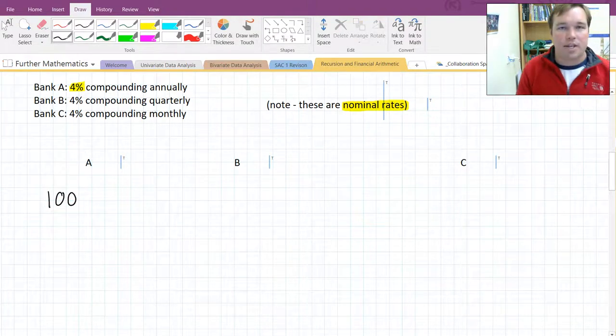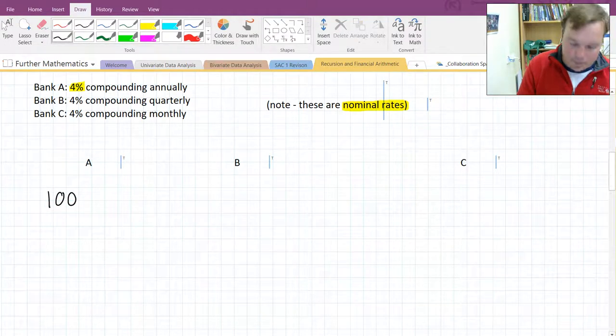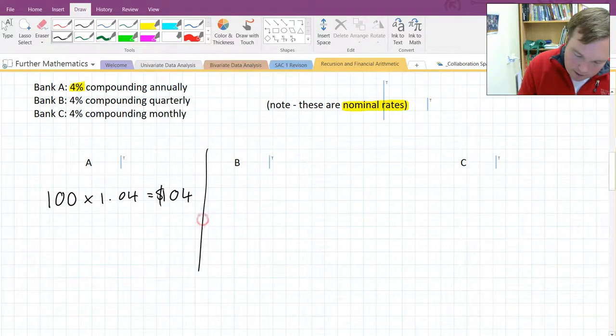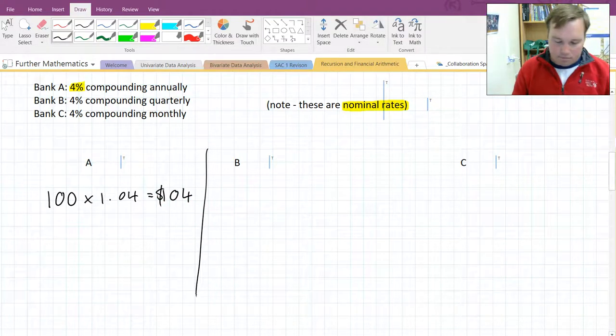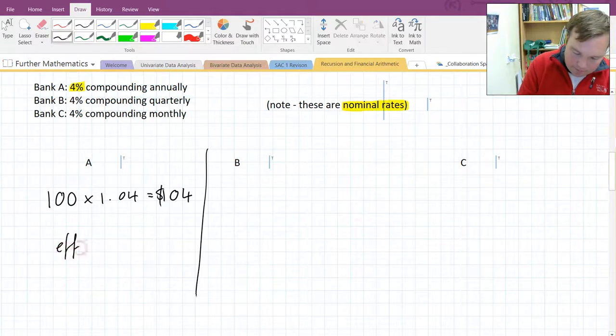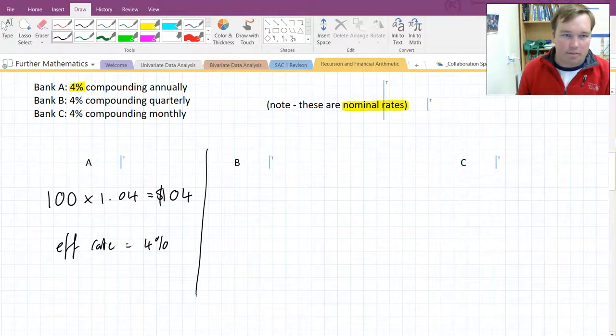Over the course of the year, it just increases by 4%. So to increase it by 4%, we multiply it by 1.04, and at the end of the year, there is indeed $104. Fine. So here we would say the effective rate is equal to 4%, because that's the amount it's increased by.